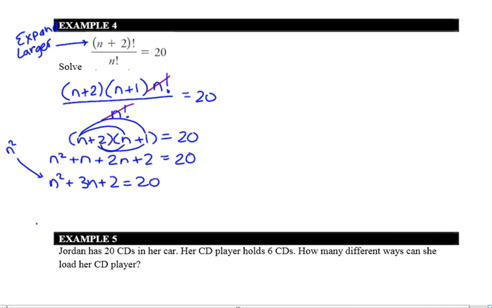So whenever you have a square, make one side equal to 0, and then factor. I should write a bigger note here. Whenever you're solving an equation with a square, if you ever have a square, make one side equal to 0, then factor.